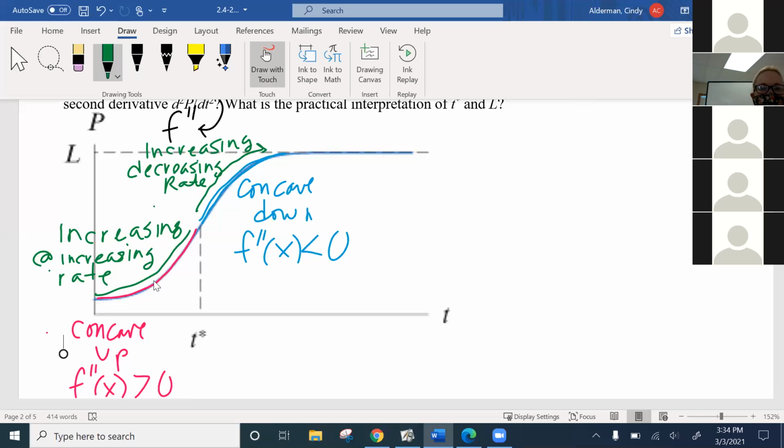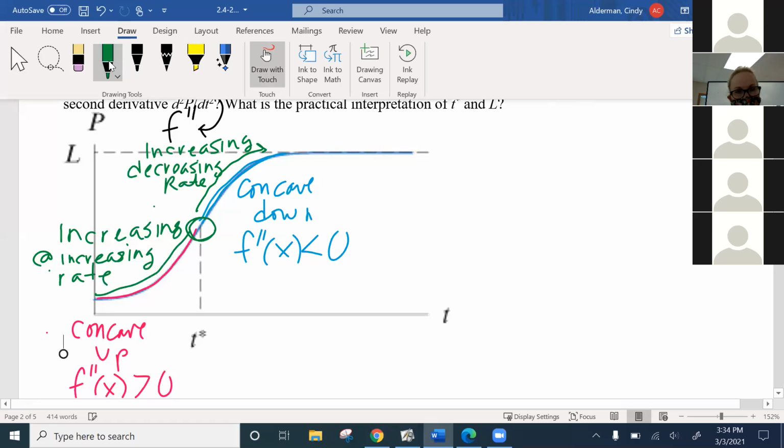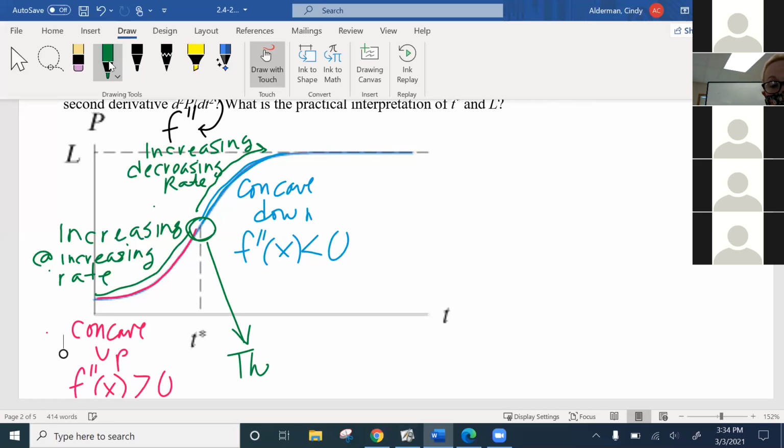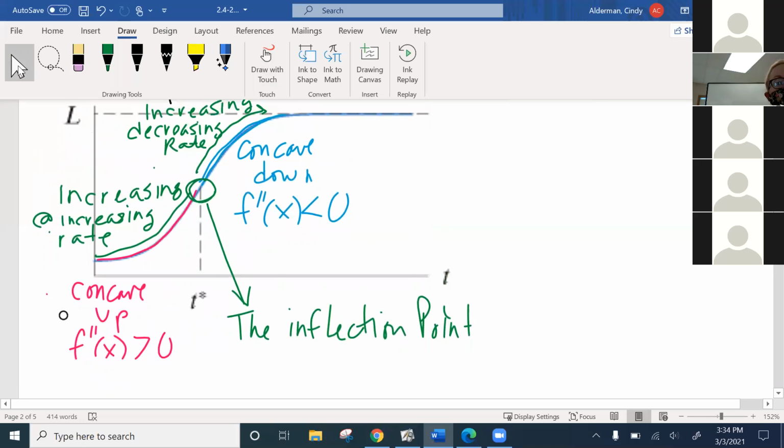Let's see. There's a certain point on this graph right here where it changes. And that's called the inflection point. And that is the point where the second derivative is actually equal to 0.